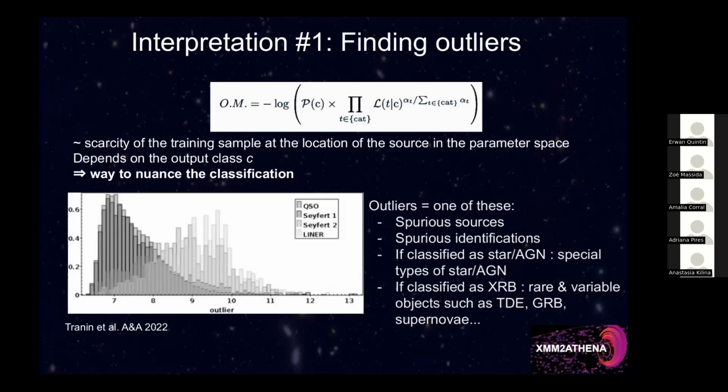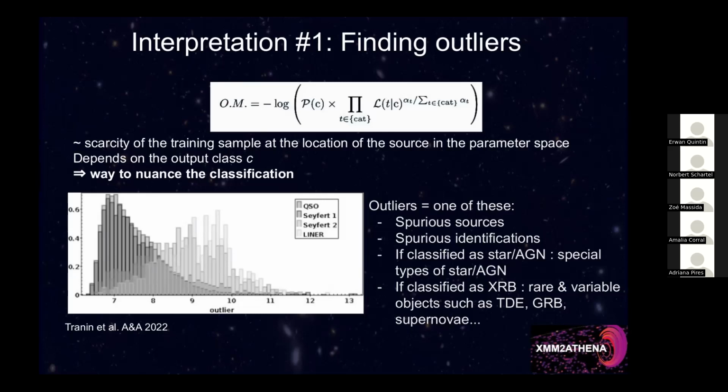So a first way to gain more meaning on the classification is to know if your source is an outlier or a typical source of your input classes. This can be quantified using the outlier measure, which quantifies basically the scarcity of the training sample at this point of the parameter space.